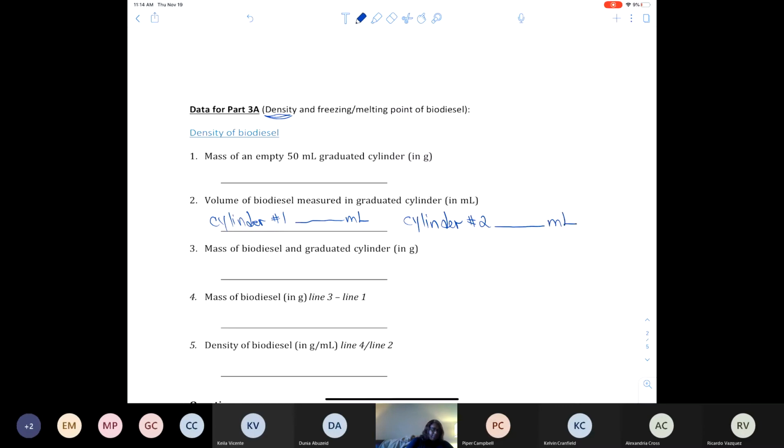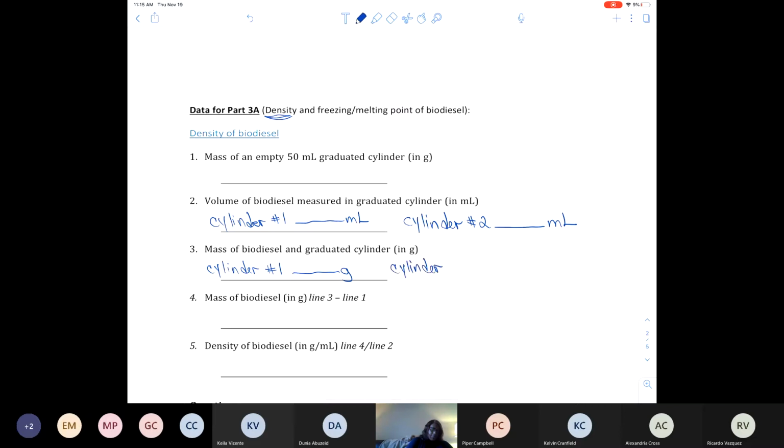And then the mass of the biodiesel and the graduated cylinder. You have cylinder number 1 and cylinder number 2. And then you're going to calculate the mass of the biodiesel.